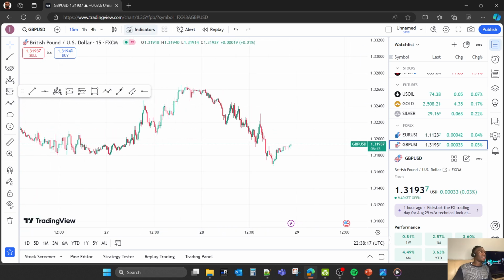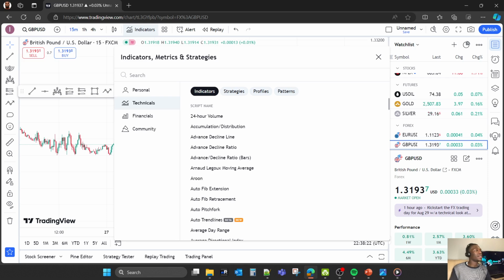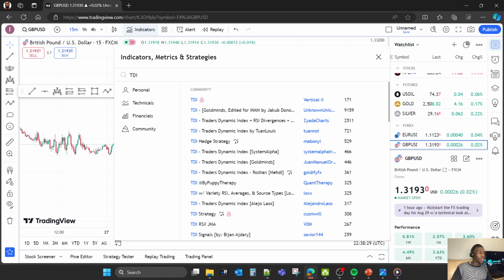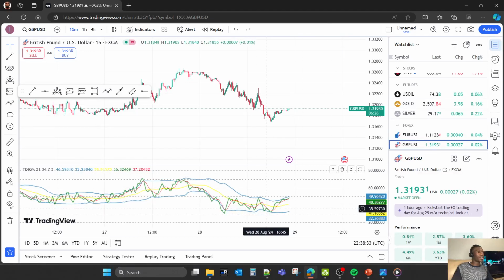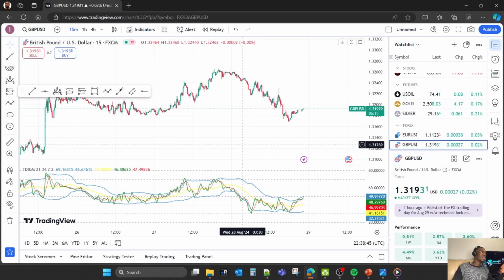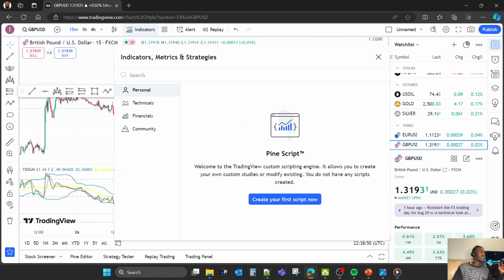Good. And then at the same time, we have this indicator thing. If you click on this indicator thing, let's say you heard about indicators, let's say TDI, then if you click it just like this, it will show up right here. This is an indicator most of the people use. As for me, I don't usually use indicators, but trust me, most of the people use the TDI indicator or the RSI. Let me search for it as well.